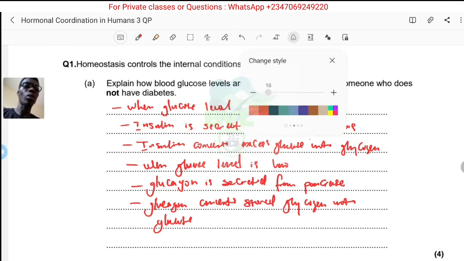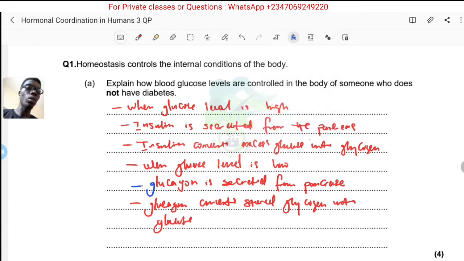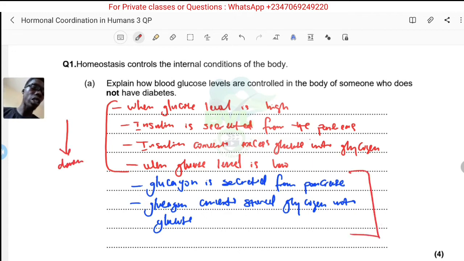What I just did here was to show you that glucagon is helping to increase glucose level, while insulin is helping to reduce it. Let me say that part again. All of what happened here was talking about how glucose level is brought down to a normal level, and this one talks about how it is increased back to normal level.